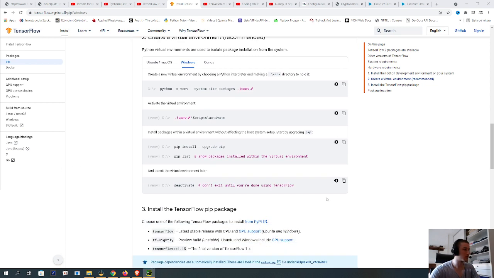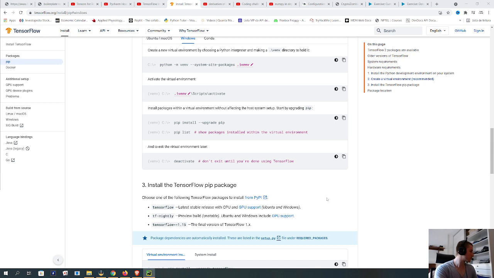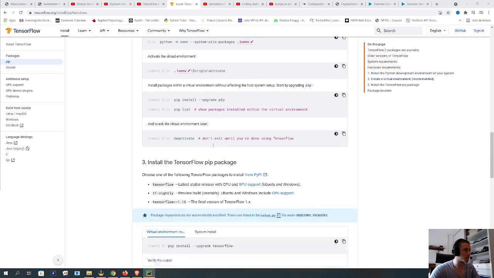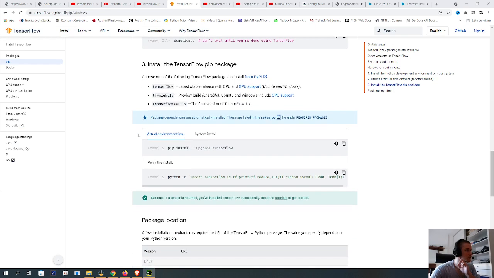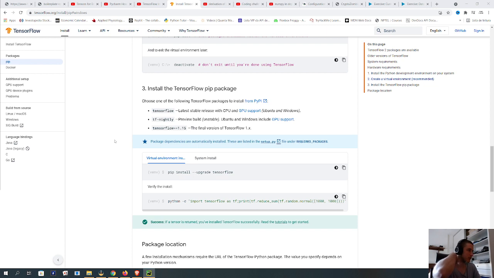Now activate it. Choose one of the following TensorFlow packages to install from pip.